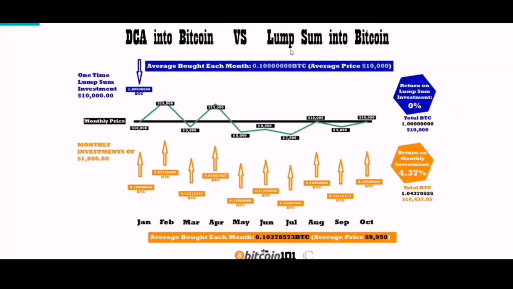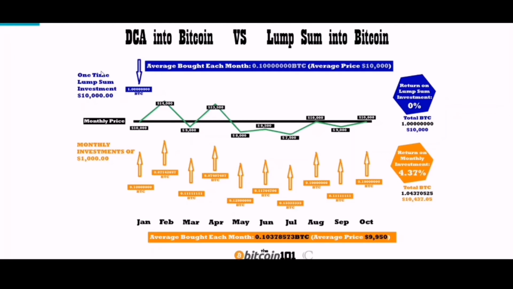All right. So we just created this chart for dollar cost averaging into Bitcoin versus a lump sum payment into Bitcoin. Say the Bitcoin price, here's the monthly price along this line. The monthly price started in January at $10,000. So you had $10,000 you wanted to invest.